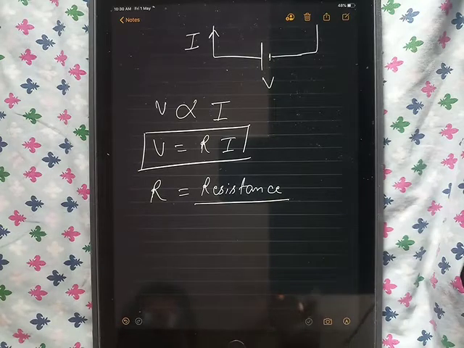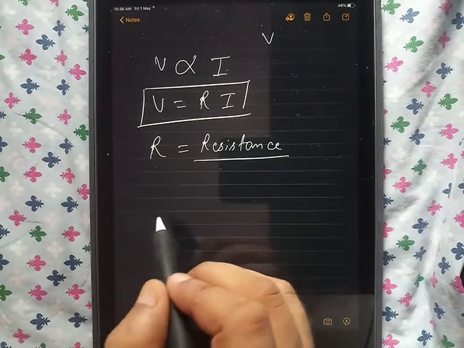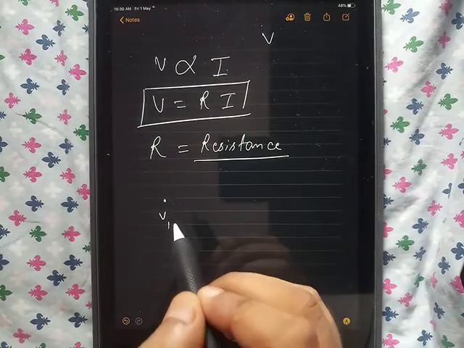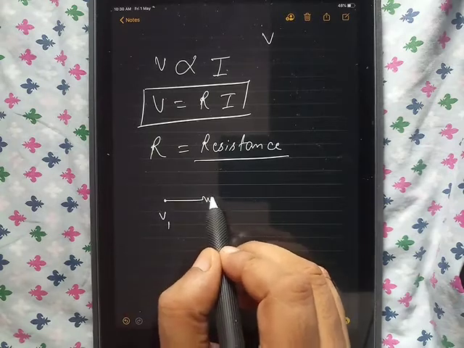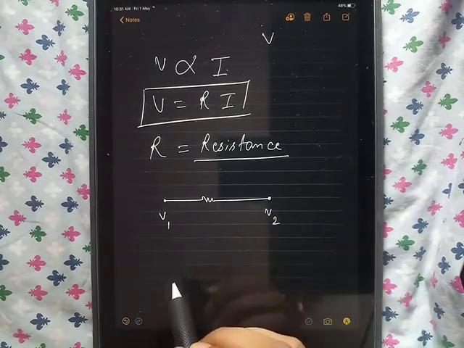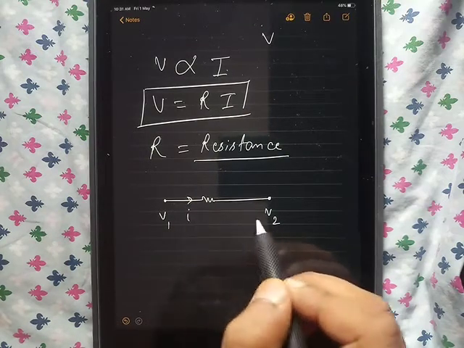Let us see some basic problems. Suppose it is given a point with potential V1, a resistance, and another point V2. Let current flow from V1 to V2.